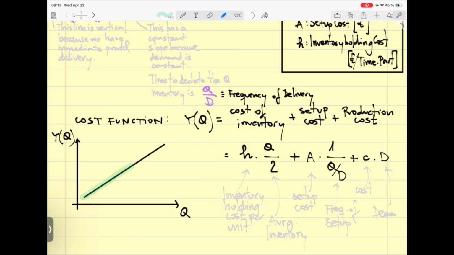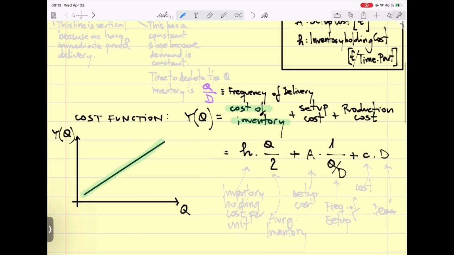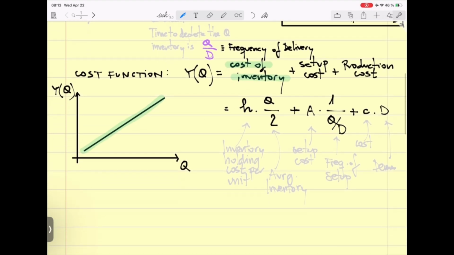The first thing we notice here is that our inventory holding cost is going to increase. The cost of inventory is going to increase linearly with the inventory. This is very logical because the more inventory we have, the more storage capacity we need.